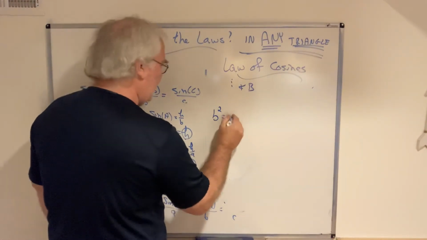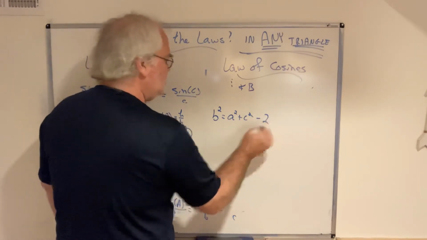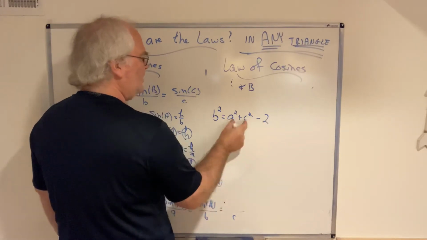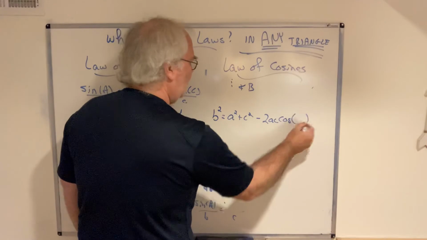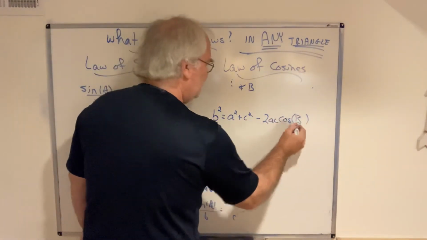The order is irrelevant. I just use alphabetical. But then it's minus 2 times, and these multipliers are these two values again. And then we have cosine of the letter you started with, but it's got to be uppercase.